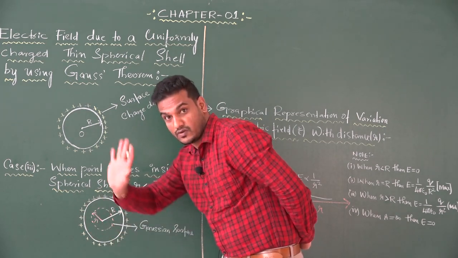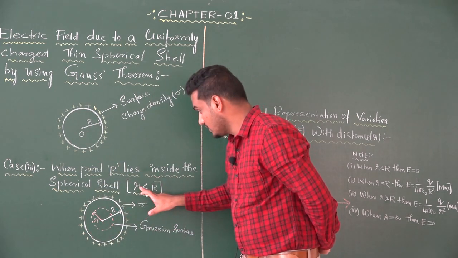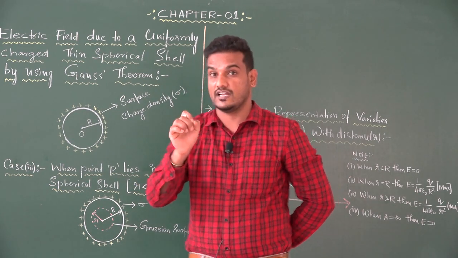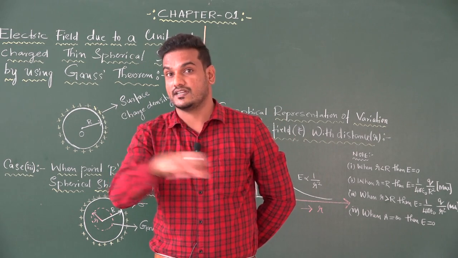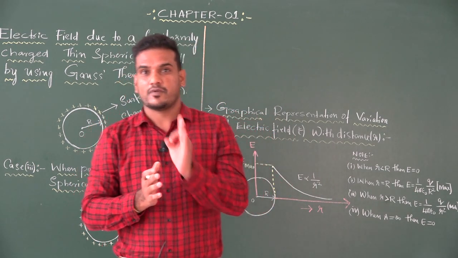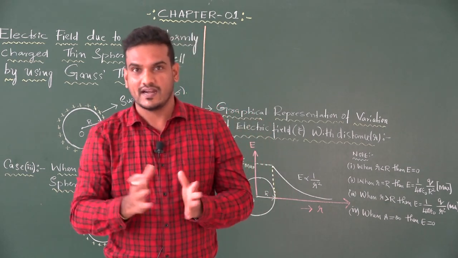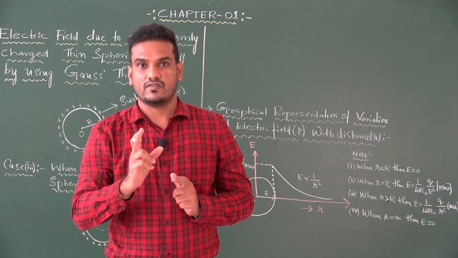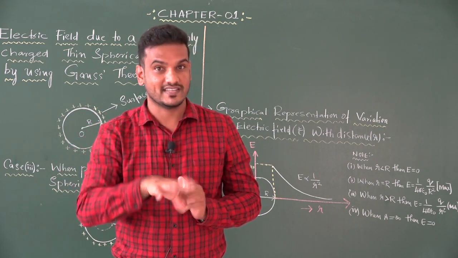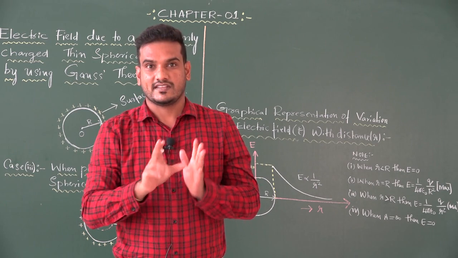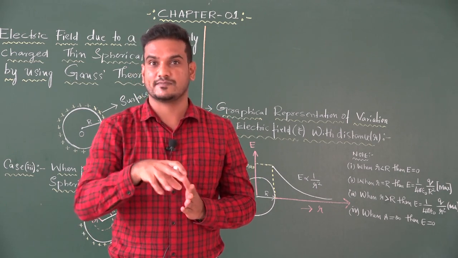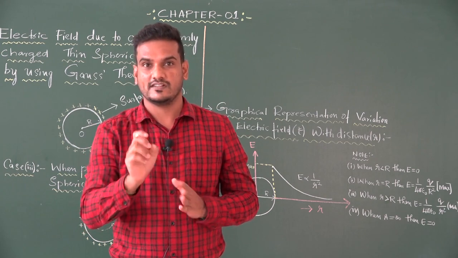Look at the diagram, you will get to know that small letter r is less than capital letter R because we are finding the electric field inside the spherical conductor. And we know from the basic properties of electric charges that electric charges always reside on the outer surface of a charged conductor. So inside the charged conductor the electric charge is 0. As there is no electric charge inside the spherical conductor, the electric field is also 0.